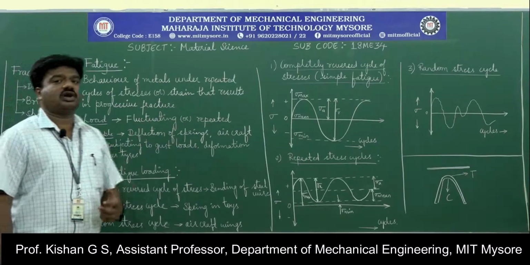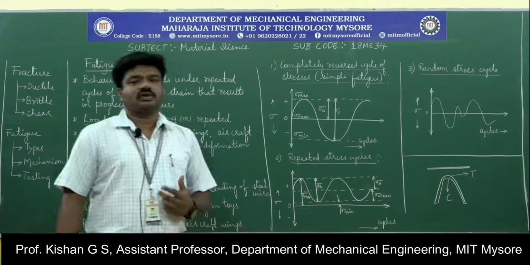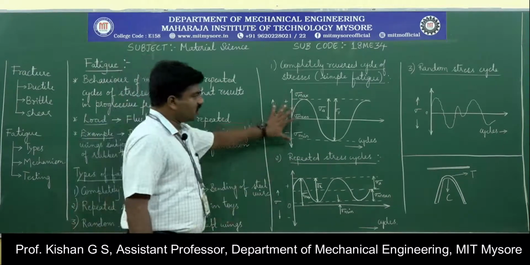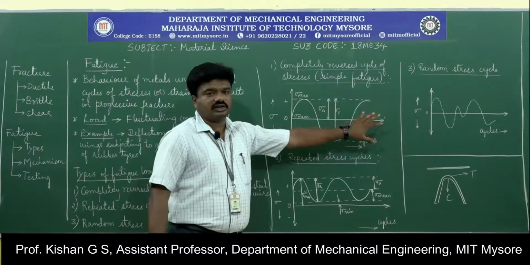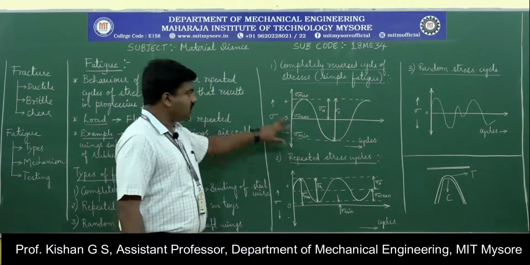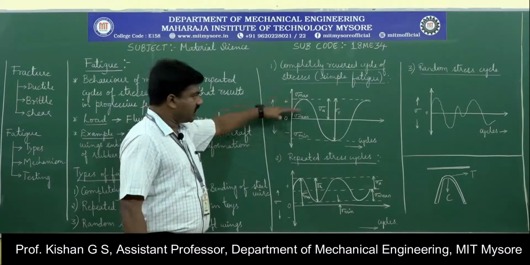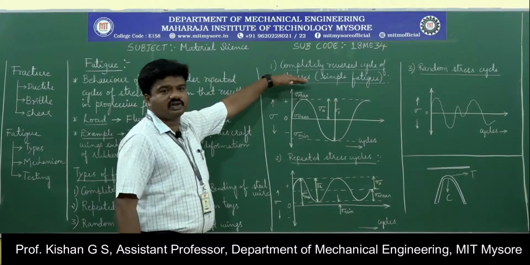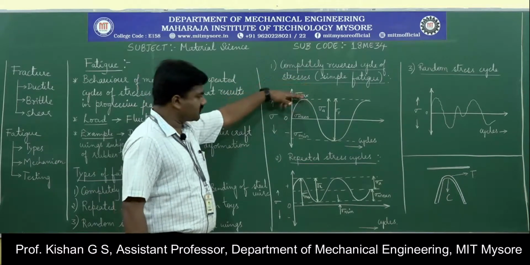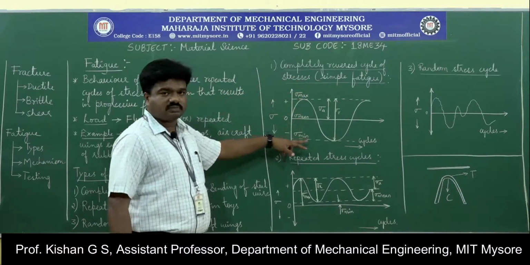That results in a fluctuating or repeated loading condition. Here the load is not steady, as we studied in terms of fracture. You can observe the repeated number of cycles that leads to the variation in stress. In tension there will be a maximum loading condition, wherein the stress is sigma max, and in compression it is sigma minimum.